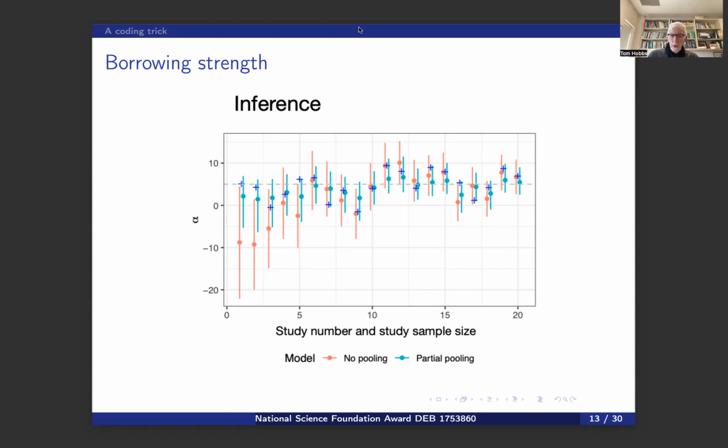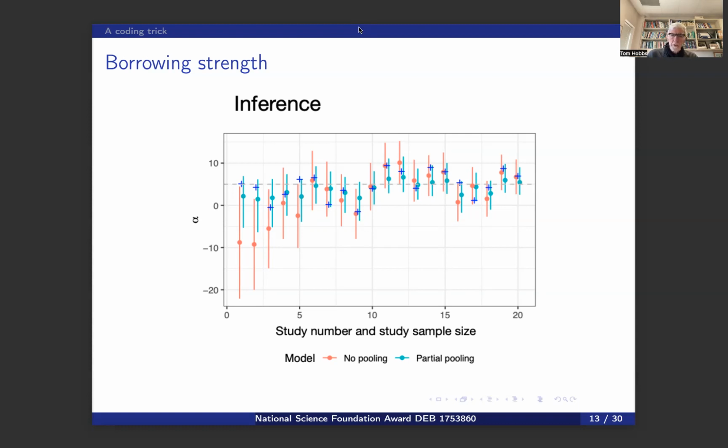And we have two different models, no pooling, as if each study stood alone. We didn't draw on a shared distribution of intercepts. And then we have partial pooling. We're assuming that the intercepts are drawn from a distribution. And look what happens. As the sample size decreases, two things happen.